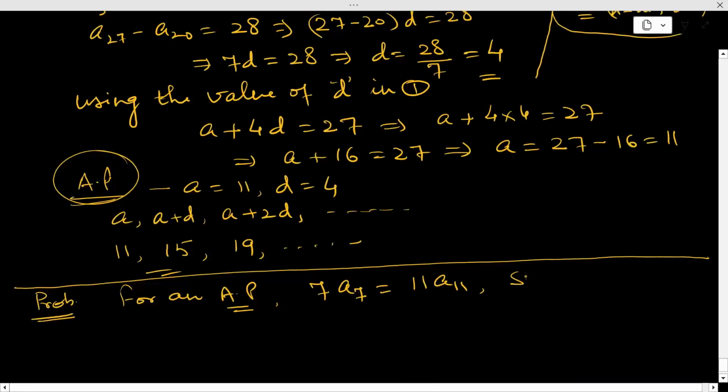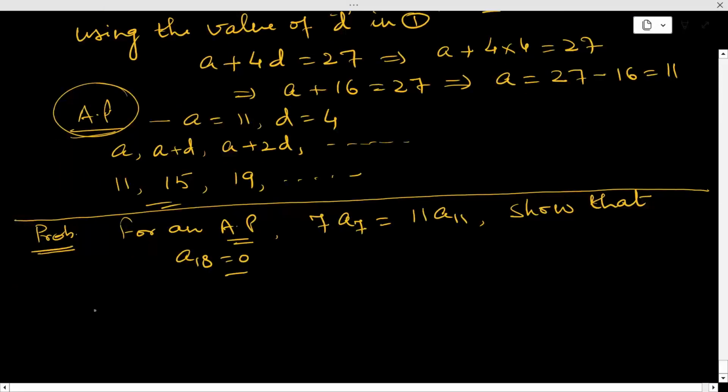Now we have to show that for this AP our 18th term is 0. We have to show that a18 is 0. So let us begin with the solution.